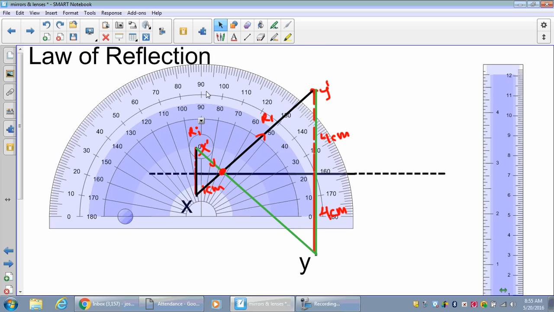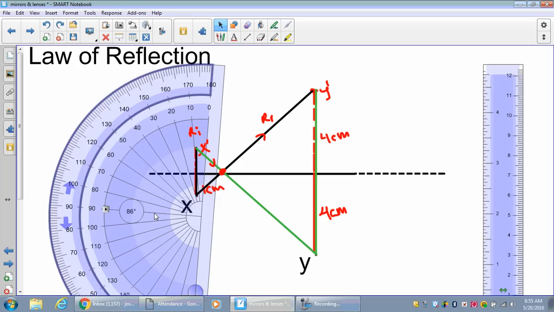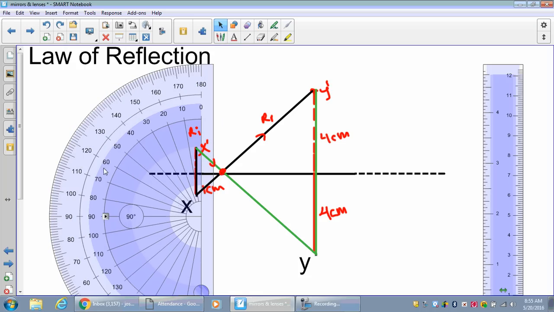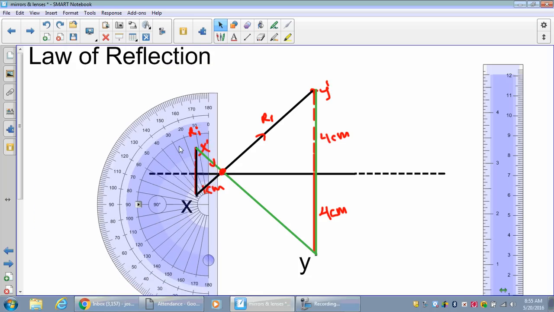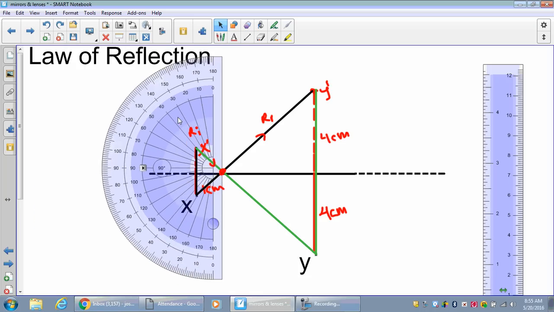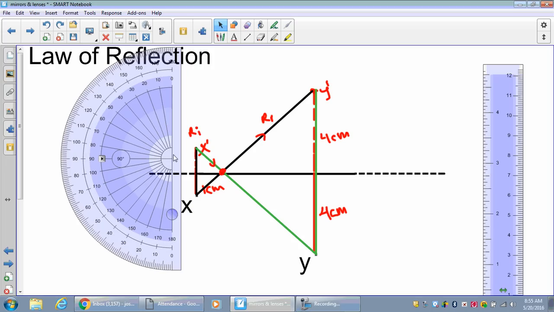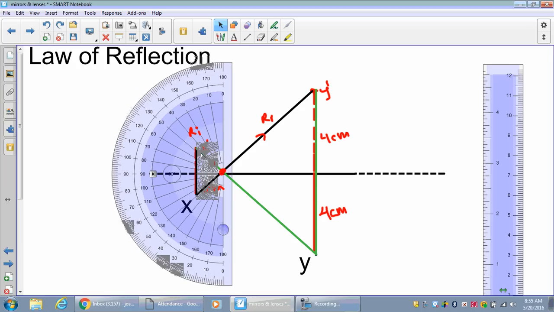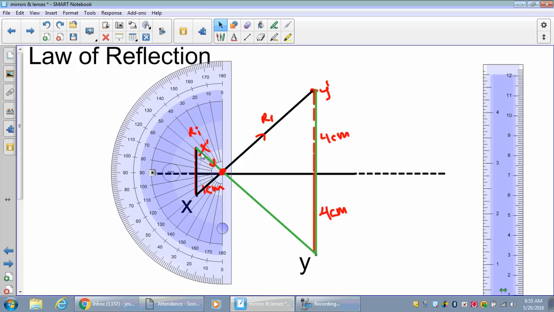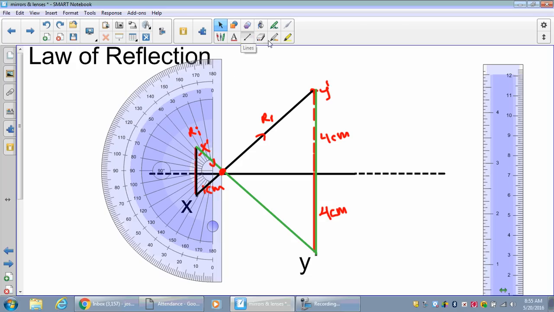So draw your normal line by using your protractor on the side here. You see these little lines here in the middle, these 2 lines. Use it like a target, make sure it lines up on your quiz or your notes. Okay, and let's draw a normal line. Make sure you make this normal line nice and long.